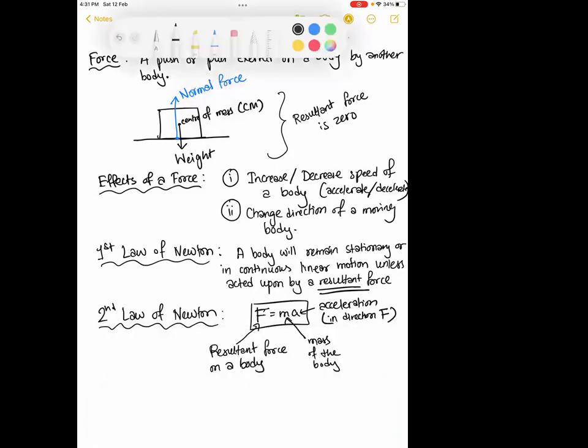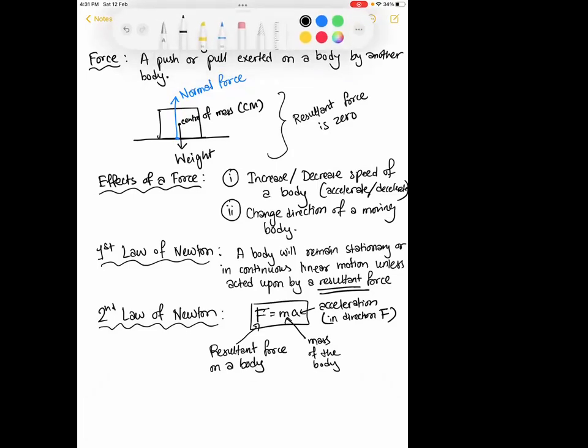Next is the third law. For every action, well, action, I mean force, there is an equal and opposite reaction.